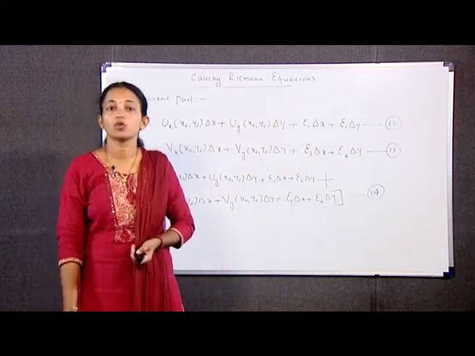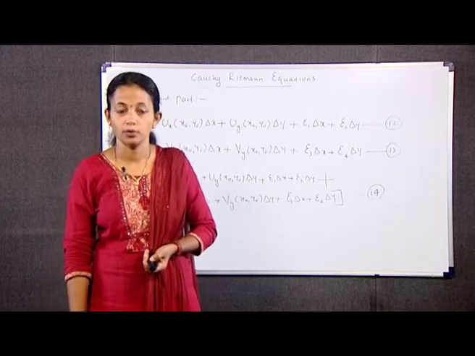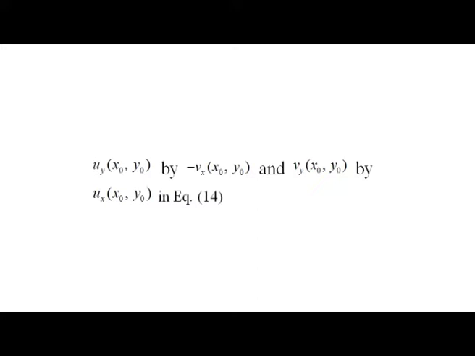Assuming that the Cauchy-Riemann equations are established at (x naught, y naught), we can replace uy(x naught, y naught) by minus vx(x naught, y naught) and vy(x naught, y naught) by ux(x naught, y naught).